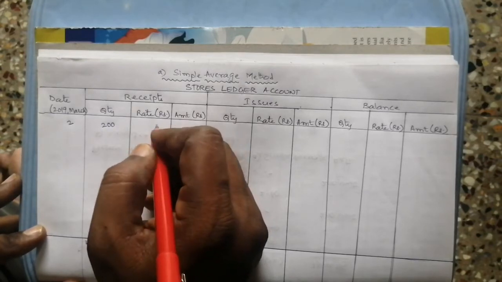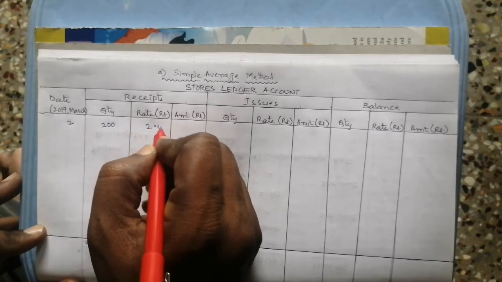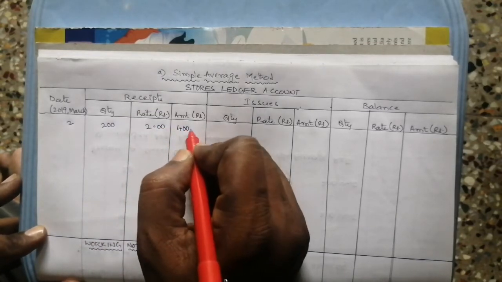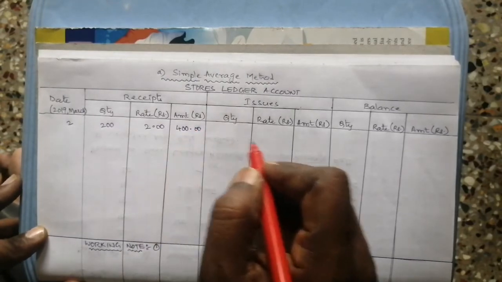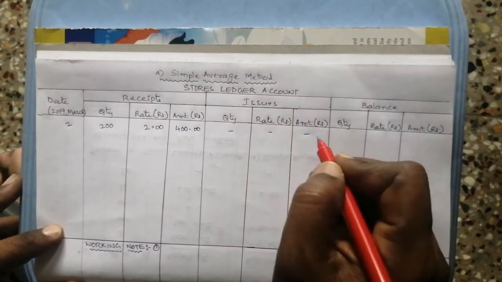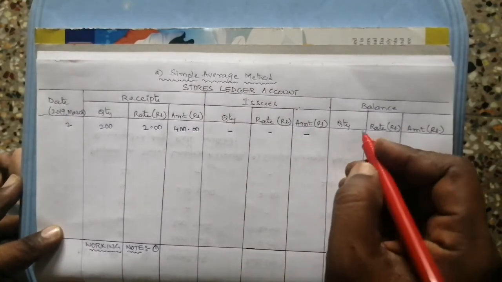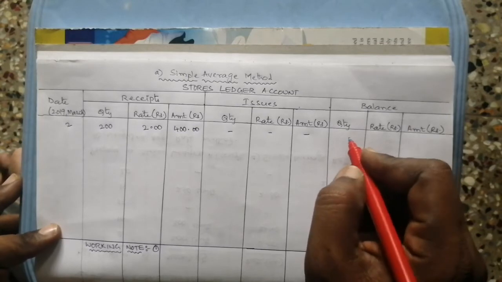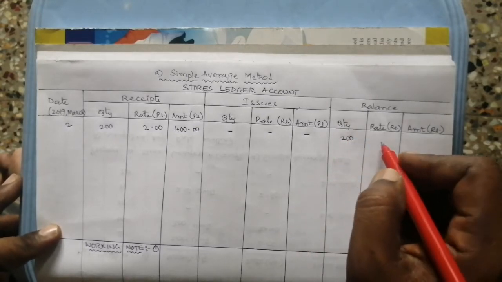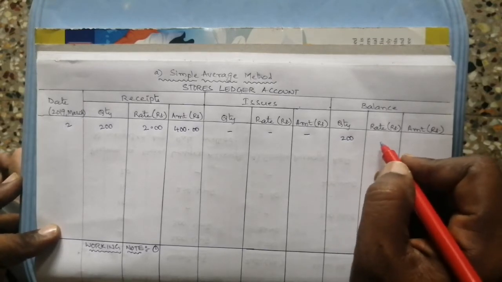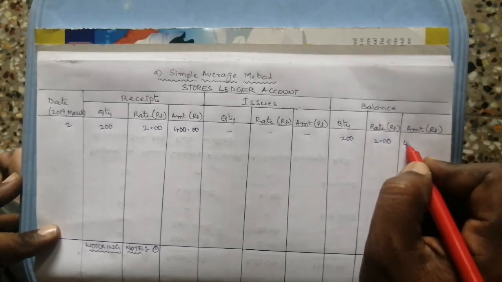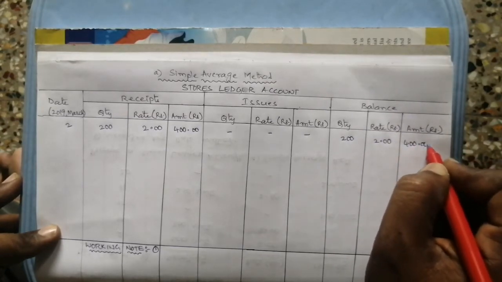So 200 units at the rate of 2 rupees per unit is 400 rupees, no paisa. There is no issue of material on that day, so all the receipts of this day become the balance figure: balance 200 units, rate 2 rupees, amount 400 rupees.